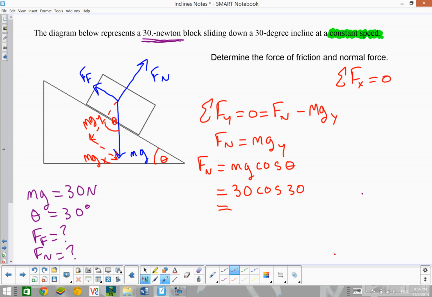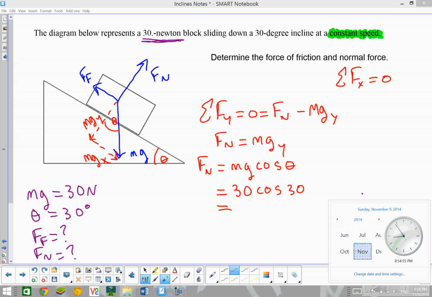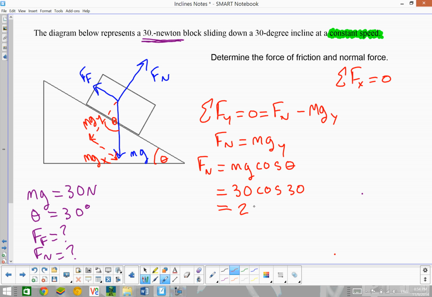Go ahead and get my calculator and solve for this. Okay, I'm getting a value of 26 newtons. And so therefore the normal force, part of what I'm looking for, is equal to 26 newtons. Done.